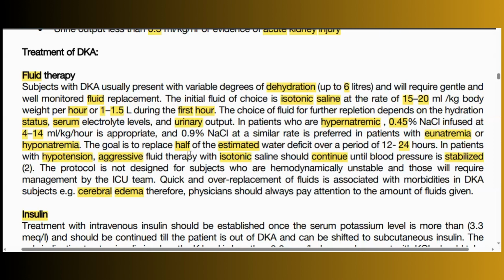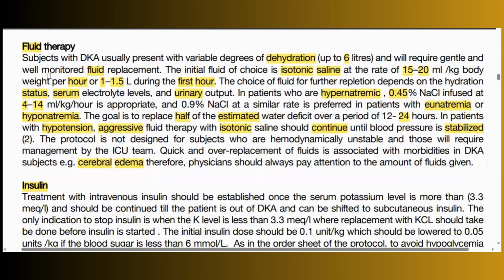The goal is to replace half of the estimated deficit over a period of 12 to 24 hours. In patients with hypotension, aggressive fluid therapy with isotonic saline should continue until the blood pressure is stabilized. The common complication of fluid therapy in these patients is cerebral edema.